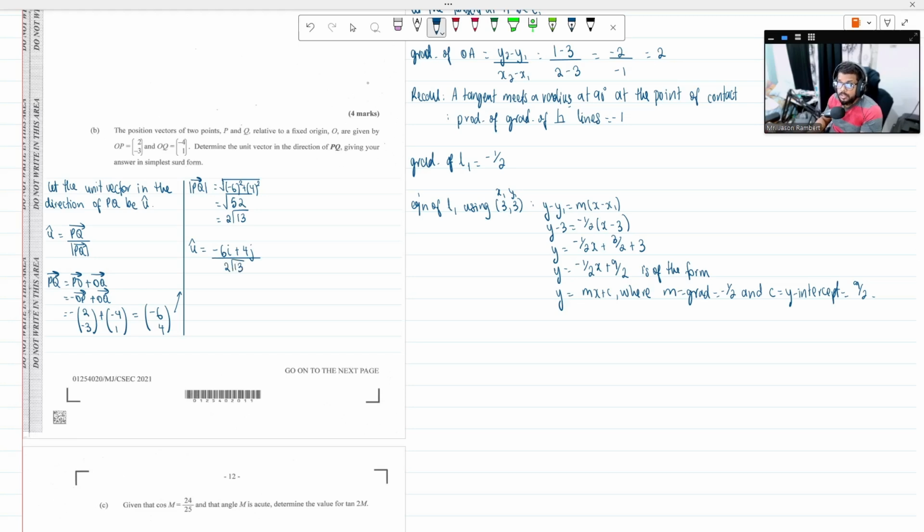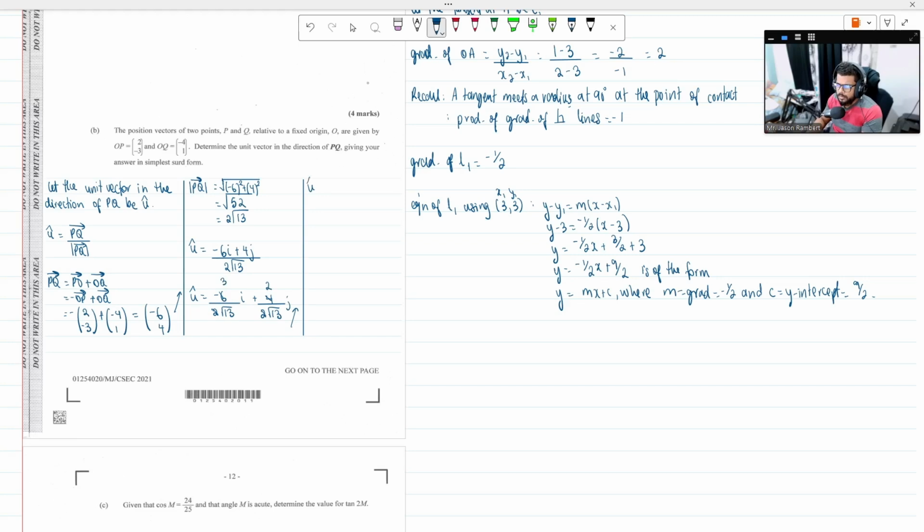I'm going to put each part over the 2 root 13. Minus 6 over 2 root 13 i plus 4 over 2 root 13 j. The 2 could go into this 3 times. The 2 could go into this 2 times.